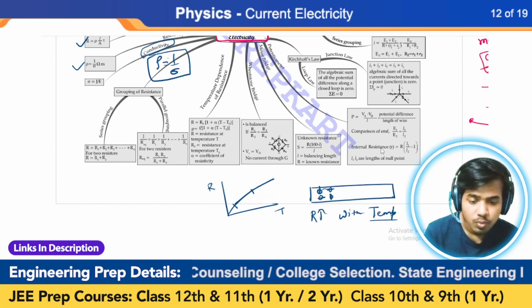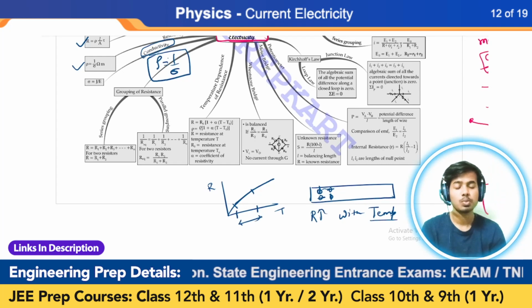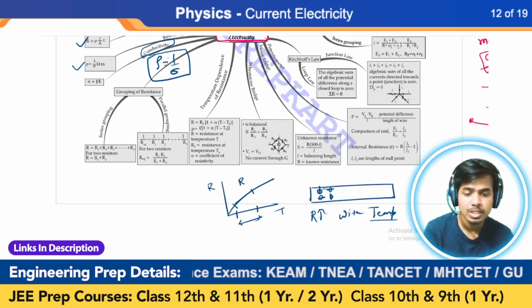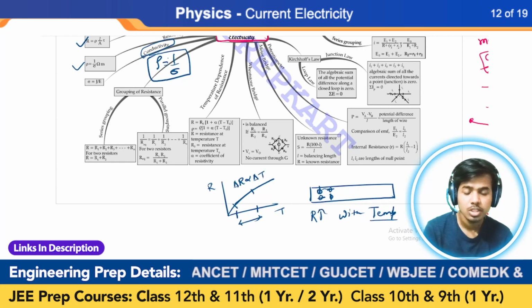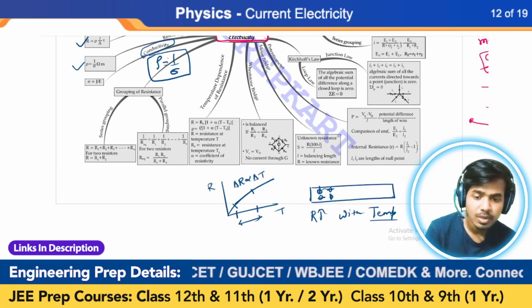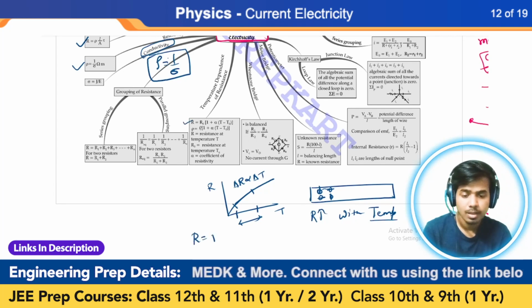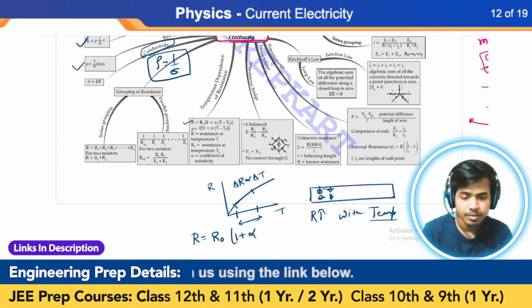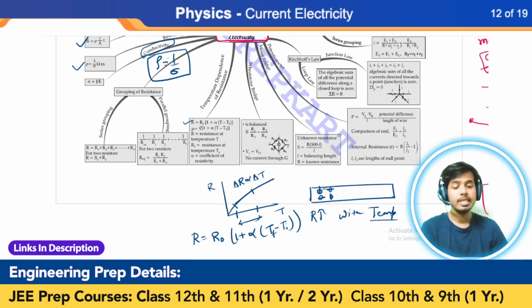So within this temperature difference we define this proportionality, और हम इसके बाद अगर ये प्रोपोर्शनल हो गया मतलब कि R इज डायरेक्टली प्रोपोर्शनल टू, और डेल्टा R इज डायरेक्टली प्रोपोर्शनल टू डेल्टा T, चेंज इन टेम्परेचर, then we can quickly go ahead and give this equation, that R is equal to R naught (1 plus alpha (T minus T initial)), T final minus T initial. मतलब कि linearly increase हो रहा है.